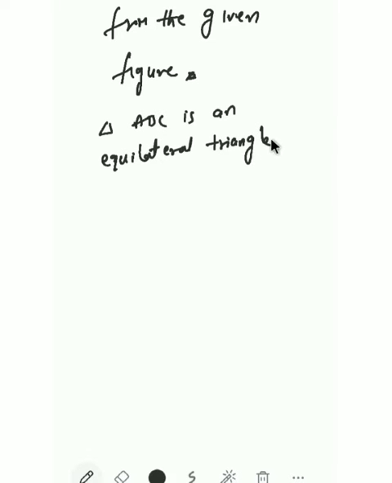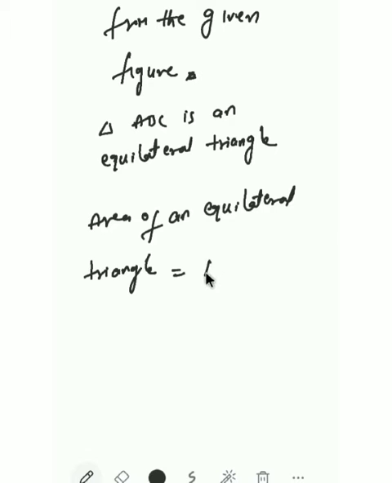So the given area of an equilateral triangle is equal to 49 root 3 centimeter square.